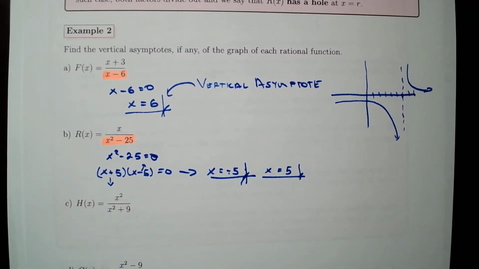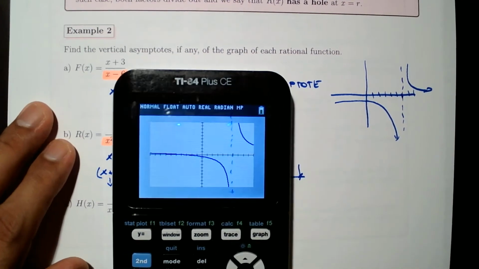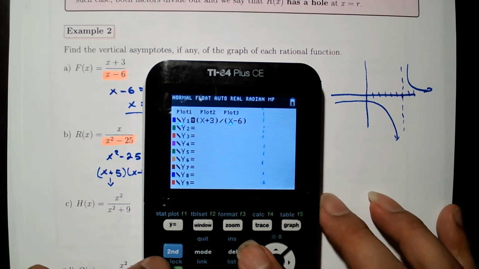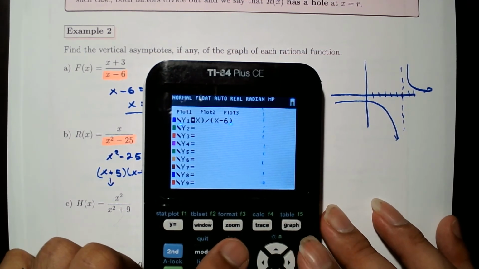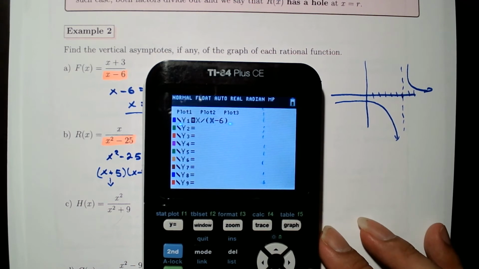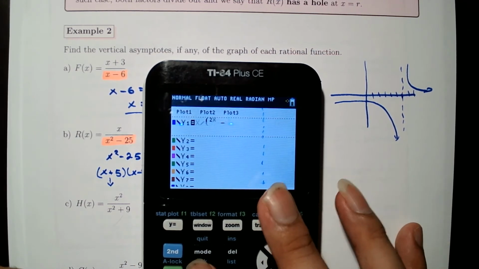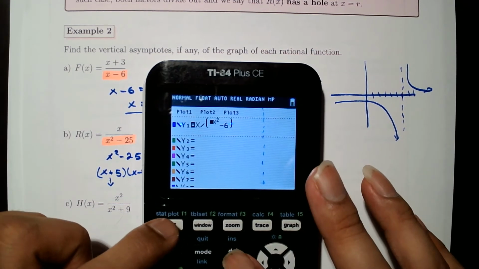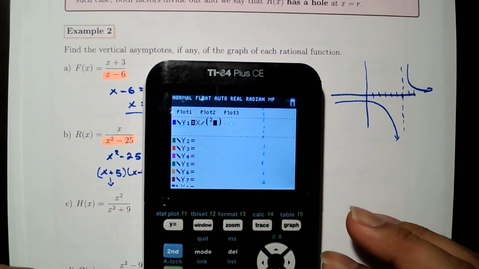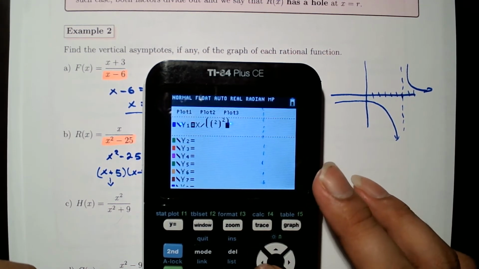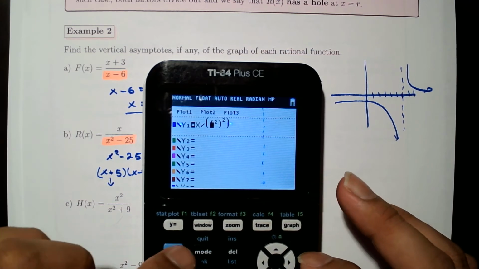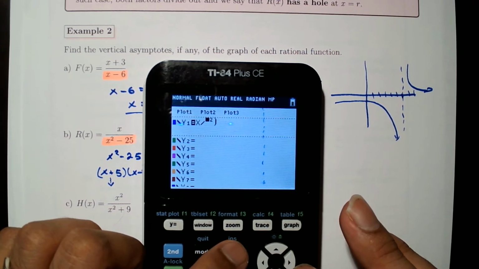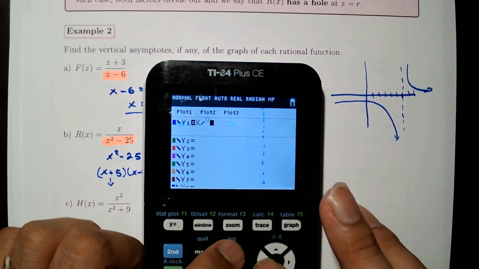You might want to verify that using the graphing calculator. Go to Y, delete, and enter the function.